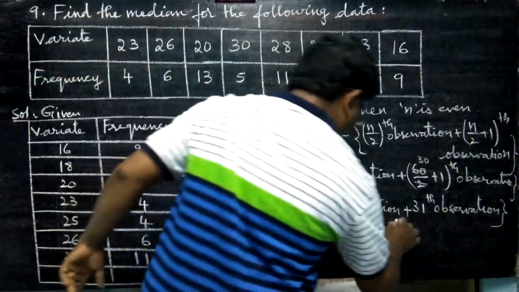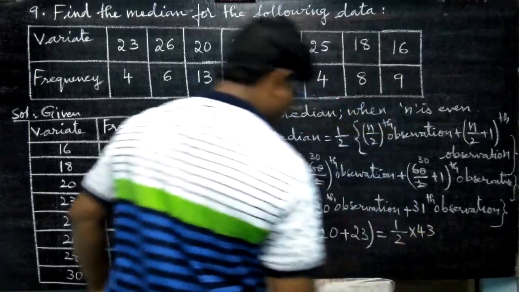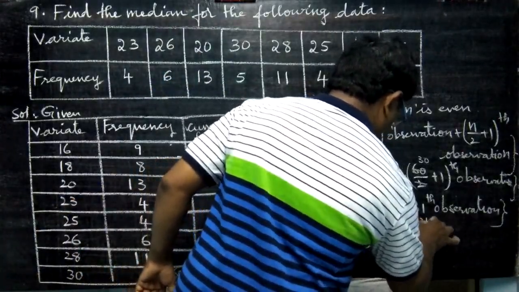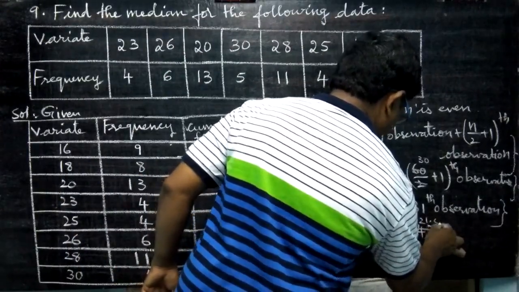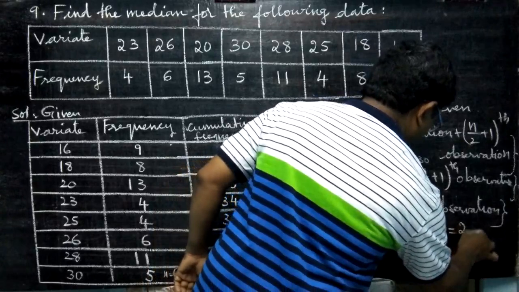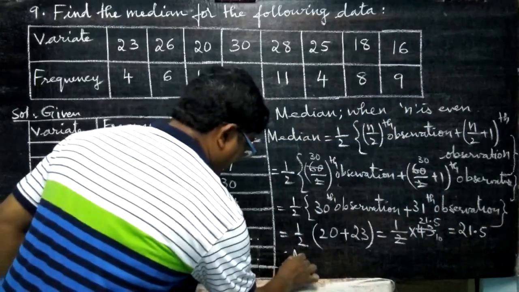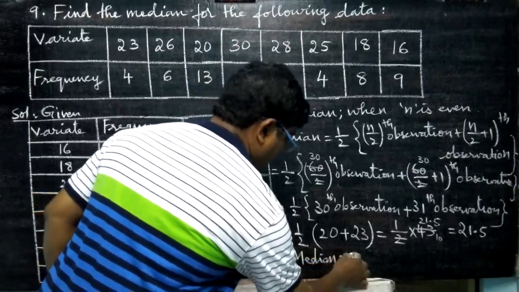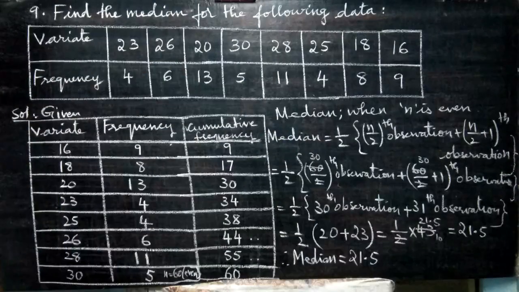Now half of 43. Half into 43 is 21.5. Therefore, median is equal to 21.5. That is the answer.